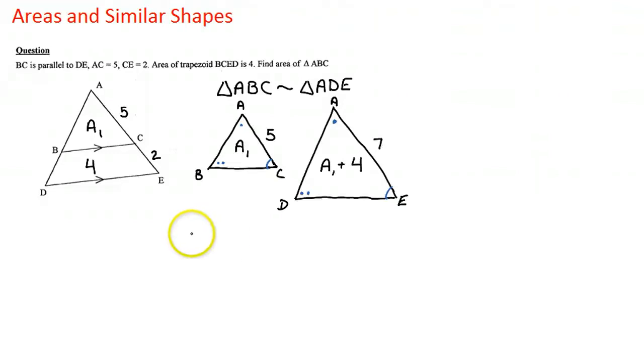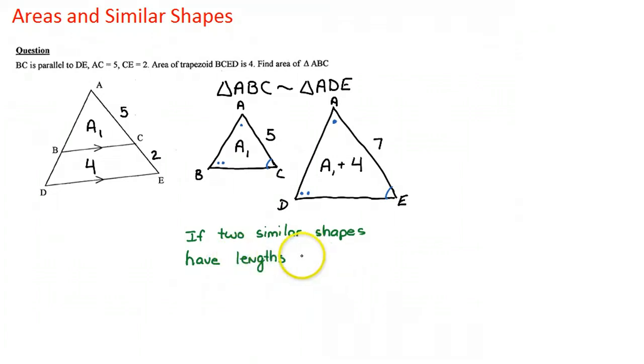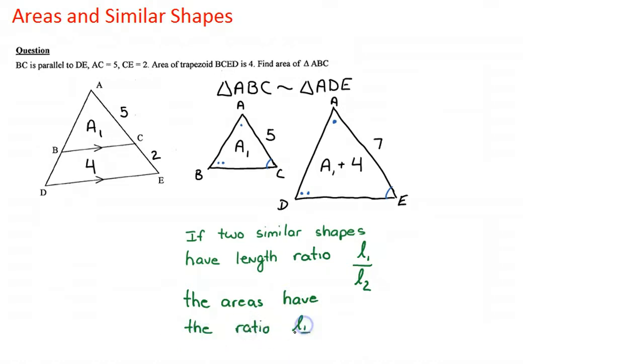And it's the following. If two similar shapes have length ratio L1 over L2, the areas have the ratio L1 over L2 squared.